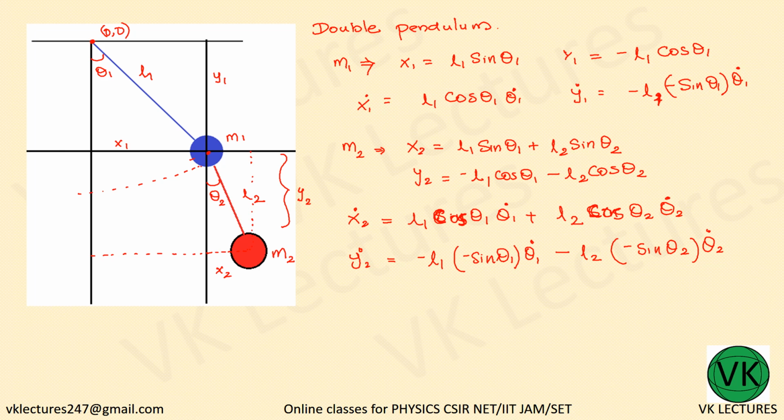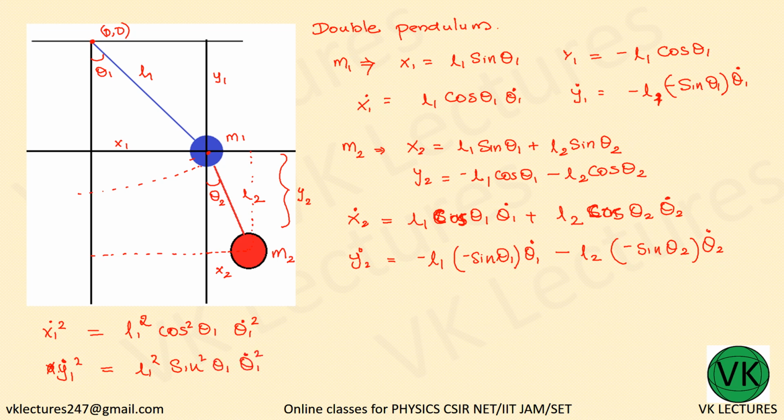Now we need x1 dot squared, which is L1 squared cos squared theta 1 theta 1 dot squared. Now y1 dot squared equals L1 squared sine squared theta 1 theta 1 dot squared.